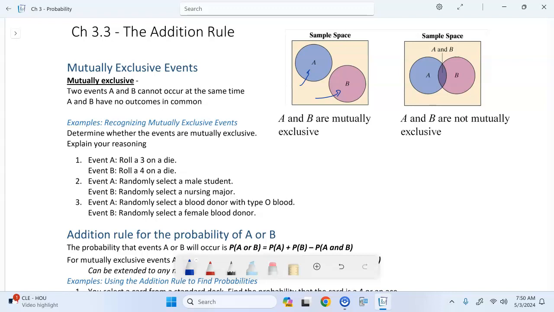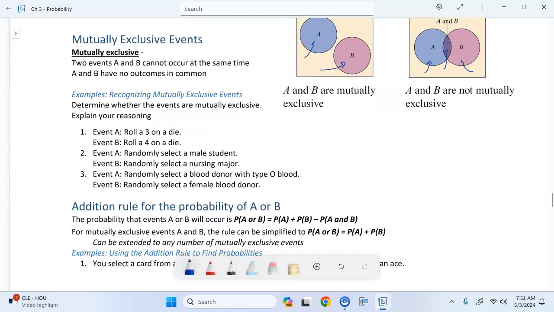Versus when we have two sets of outcomes, but there is an overlap where some of the outcomes are in common, and those are not mutually exclusive events. We need to make sure that we can identify whether they're mutually exclusive or not, so that when we apply the addition rule, we're not having too many outcomes within our probability. We're not doubling up on some.